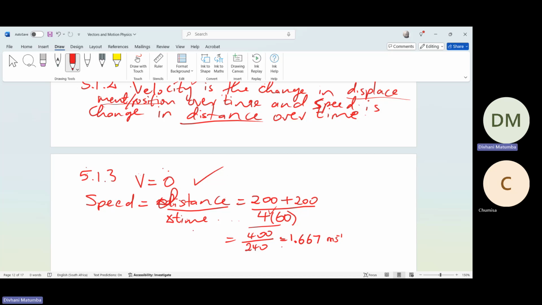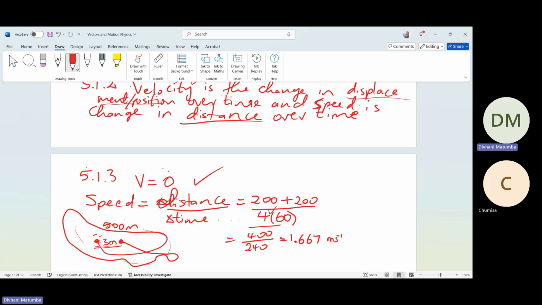So I just want to emphasize once again, there's a difference between velocity and speed. If I travel all around and round and round, then come back to that position, say I have traveled 500 meters and then came back, if the distance between the final and the initial position is just 3 meters, it means the displacement, which is a vector, is 3 meters, but the distance is 500 meters.